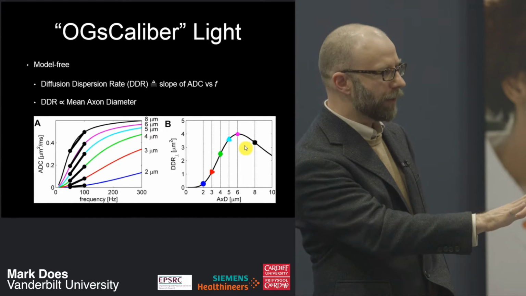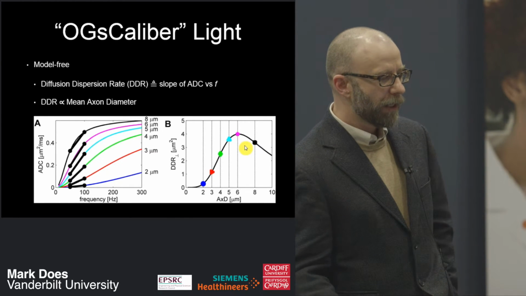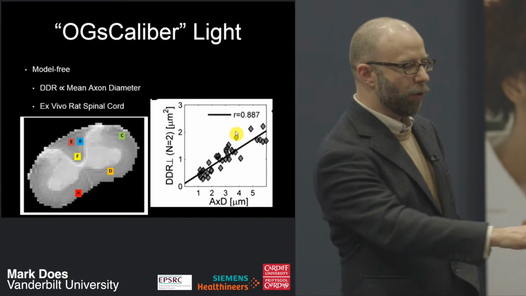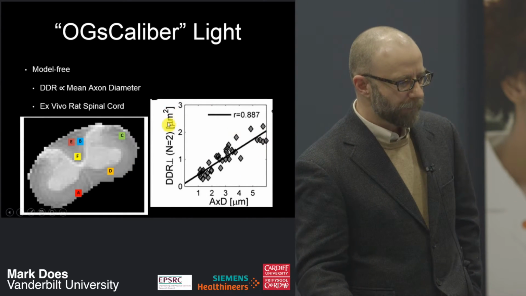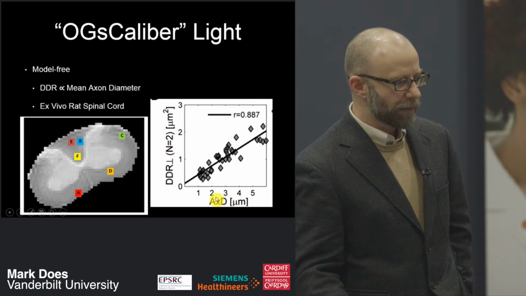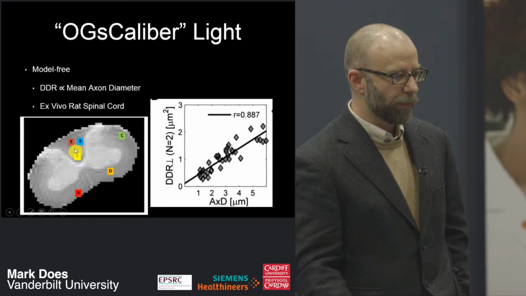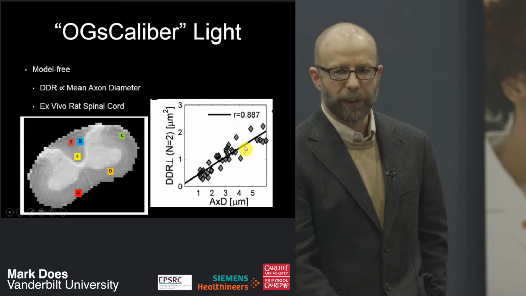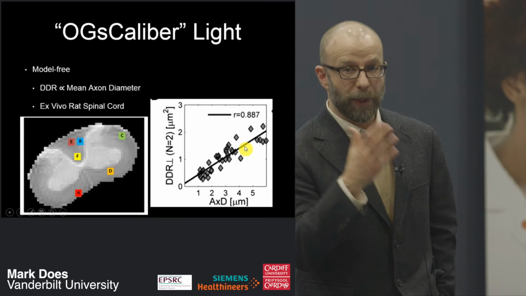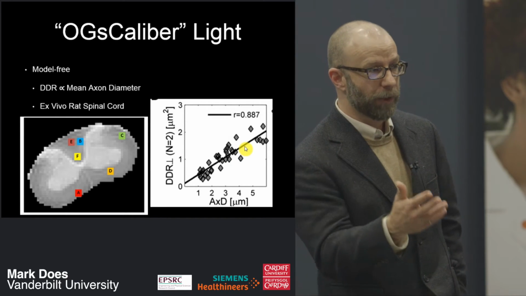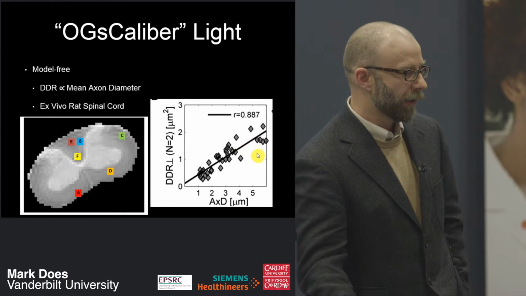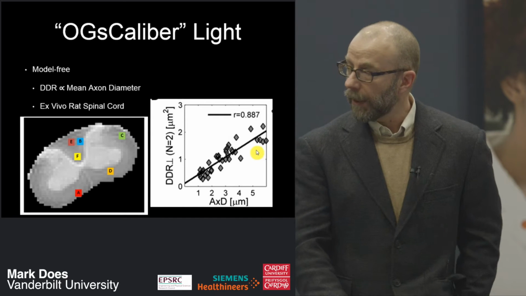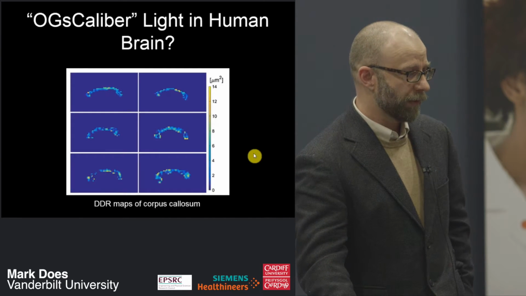So if you tune your measurement correctly, you can get a nice correlation. So the y-axis here is that slope, and the x-axis is axon diameters, again, from the same sample, and a pretty strong correlation. So it doesn't give you a measure of the axon diameter, it gives you a correlative measure, but it only took two acquisitions to do that. So it's an appealing approach. We tried to move this into humans.